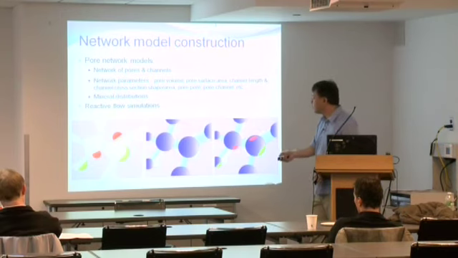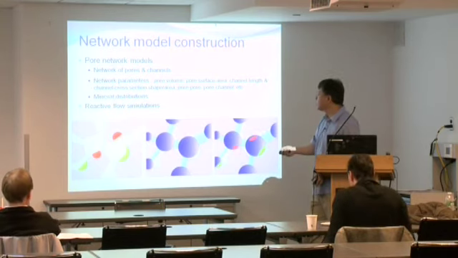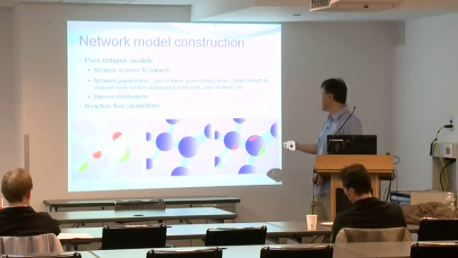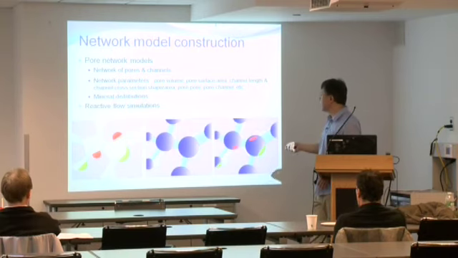And this is the pore network we have. And then using this pore network, we simplified the pore space to a network of pores and channels. And then this simplified network has the network parameters of pore volume and pore surface area, and the channel length using the medial axis as path length, and channel cross-section shape and area, and pore-to-pore connectivity, and pore-to-channel connectivity.